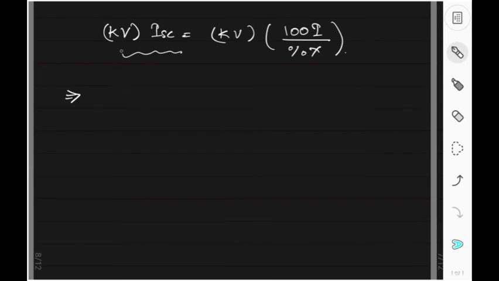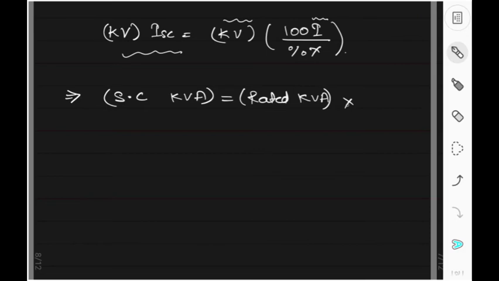So kV into short circuit current will give you short circuit kVA, right? And here kV into rated current will give you rated kVA. Now rated kVA into 100 divided by percent X.